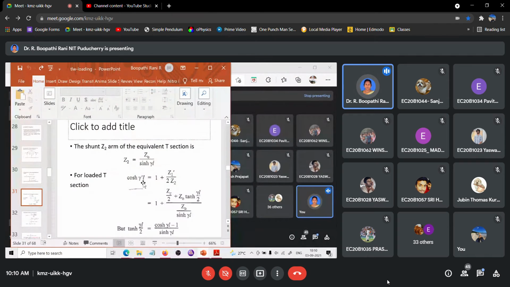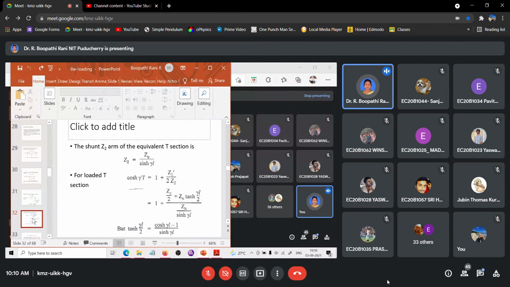So cosh ν dash L equal to 1 plus Z1 dash divided by 2 Z2. Substitute the expression for Z1 dash and Z2, and we get this. And this tanh(νL/2) can be written as cosh νL minus 1 divided by sinh νL.